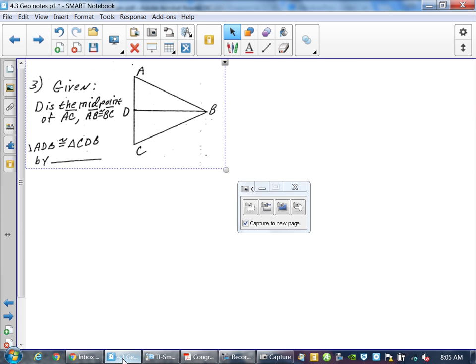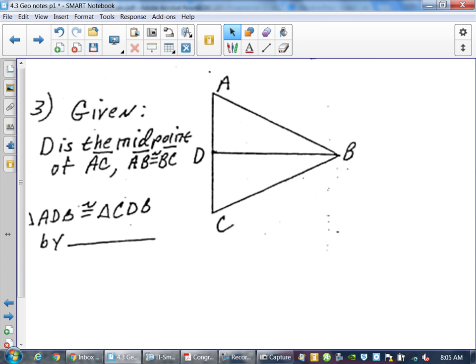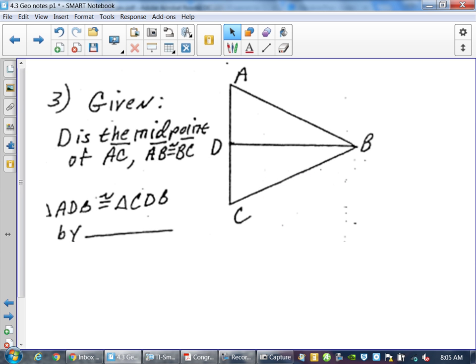On number 3, everybody, the first thing you did was put right angles down there. Do you see any right angles? Do you see anything that says anything about being perpendicular? No. Can you write it down then? No. You have to go by what's given. D is the midpoint of AC.